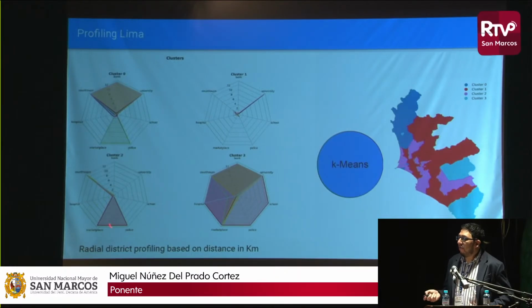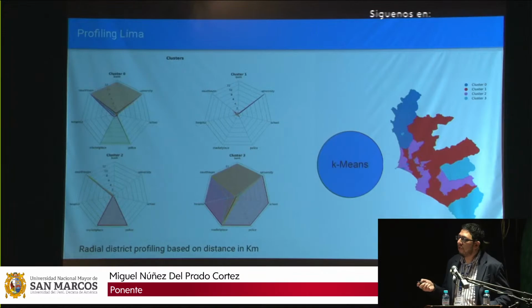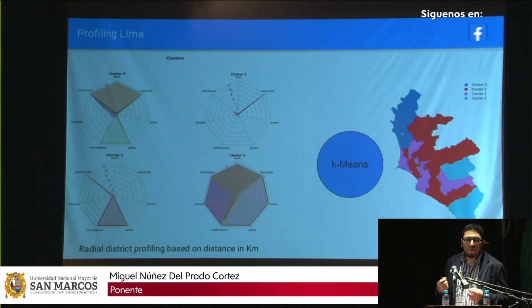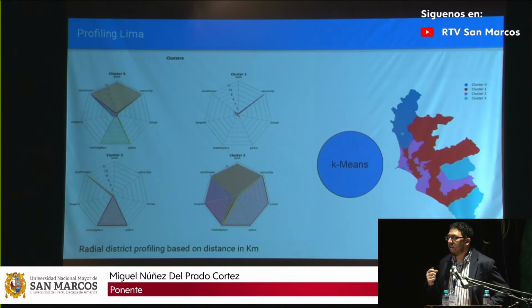And we have, for instance, cluster 3, which is the worst, because they need to go through a lot of distance to reach different amenities and public services. So based on this, we were able to profile these kinds of districts and get an idea of the distribution of how good some districts are in terms of accessibility to different public services.